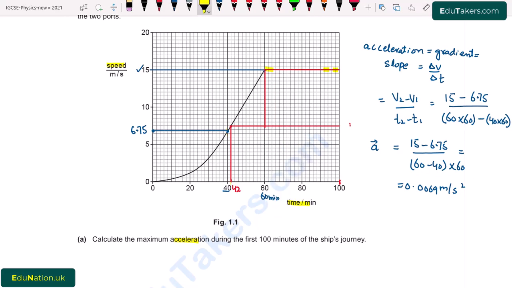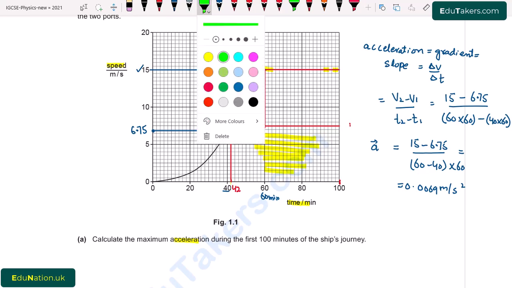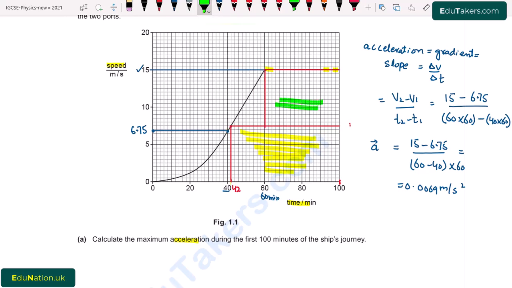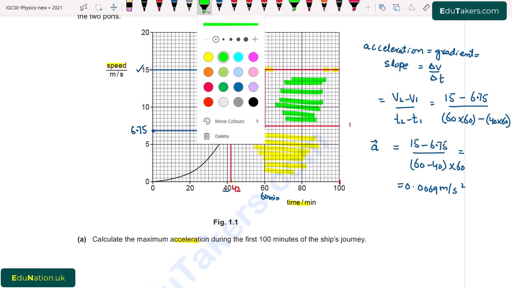This is the first rectangle. We have to find out the area under this rectangle and also calculate the area under the second rectangle. And there is also a triangle whose area we also have to calculate.